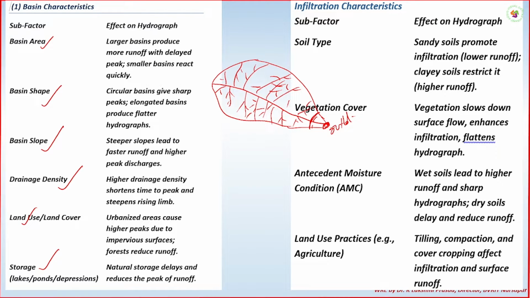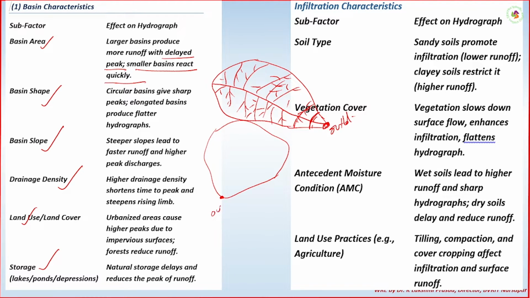The next area reaches next. The water from here takes a longer time to reach the outlet. That is why it is called a delayed peak, whereas smaller basins react quickly. That is the answer. And for basin shape, suppose the basin is like this, what we call a fan shaped basin, where this is the outlet.